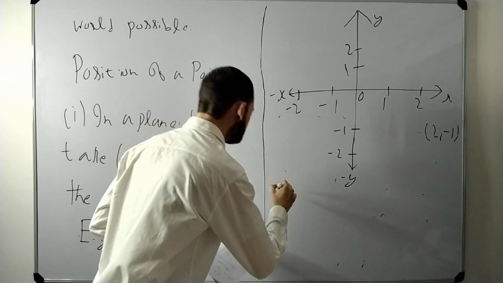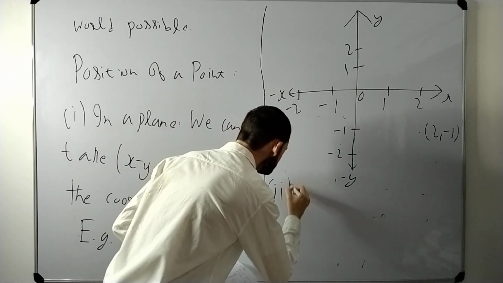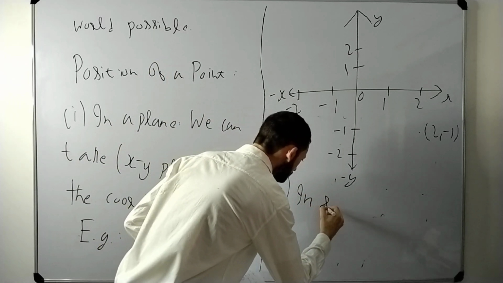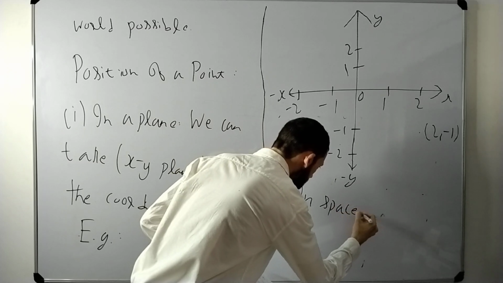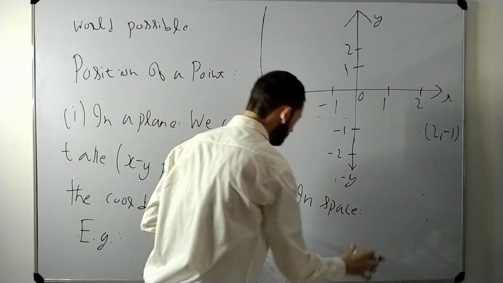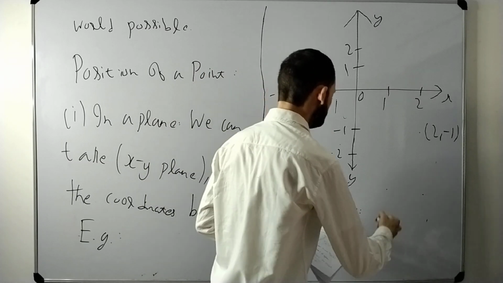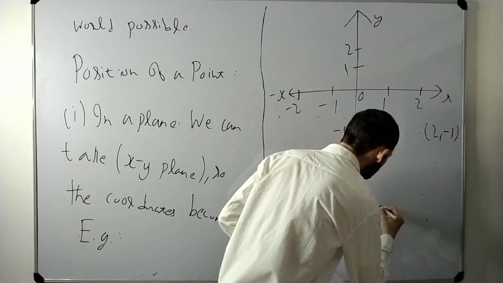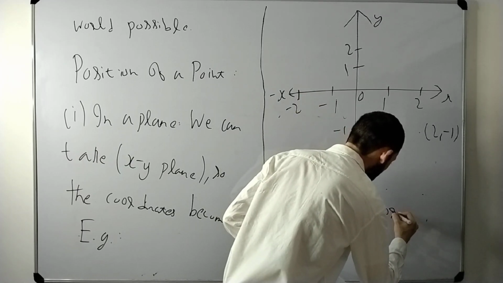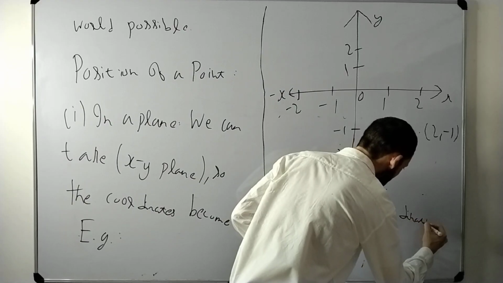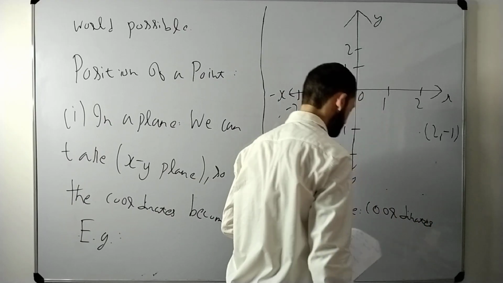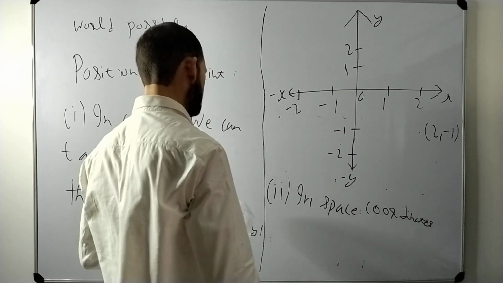In a space, how would you write the coordinates? Very easy. We'll just add another comma, another coordinate.